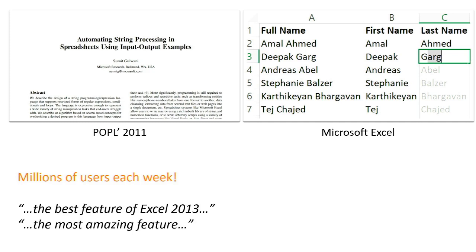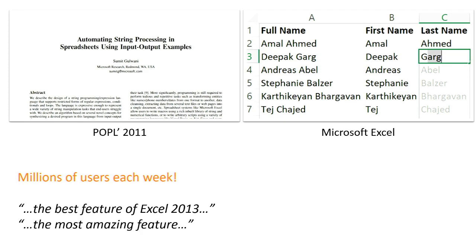Now, this feature in Microsoft Excel has millions of users each week. And it's been called the best feature of Excel, the most amazing feature. But the coolest thing, and this is the only POPL paper I know about, is that it's actually the origin story of a superhero.